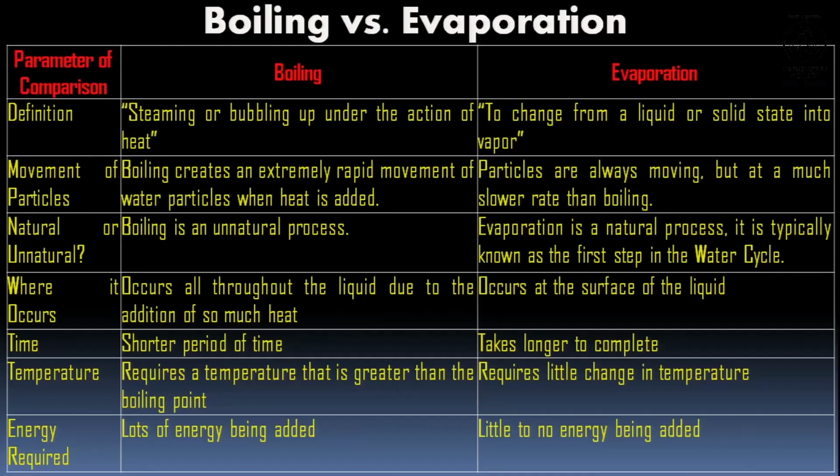Boiling takes very less time, whereas evaporation takes very longer time. More temperature is needed for boiling, whereas evaporation requires less change in temperature. What about energy? Boiling needs more energy than evaporation.